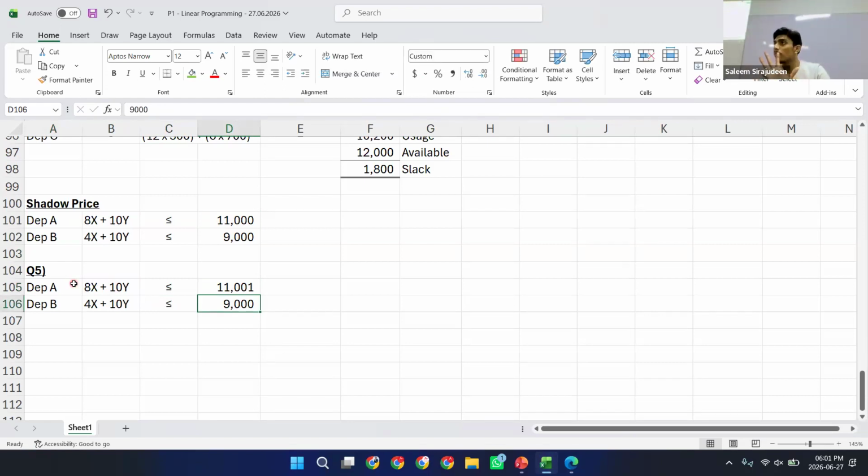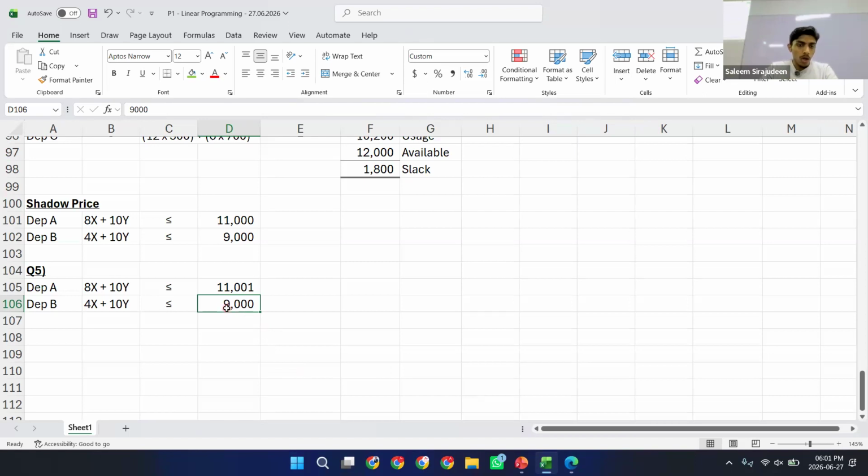Department B will remain the same; we calculate it separately. Now available Department A is 11,001 hours. Available Department B is 9,000 hours. Correct?